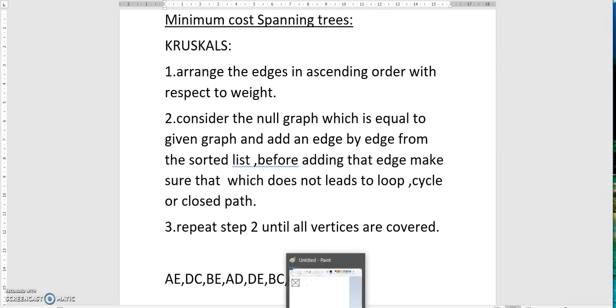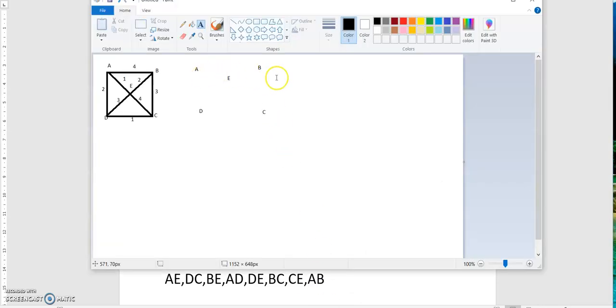Okay. Now what is the second step? Consider the null graph. This is the null graph A, B, C, D, E, which is similar to the given graph. Now we have to add edge by edge in ascending order. First is AE.